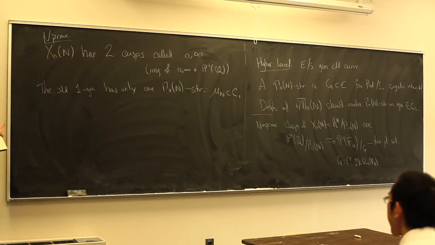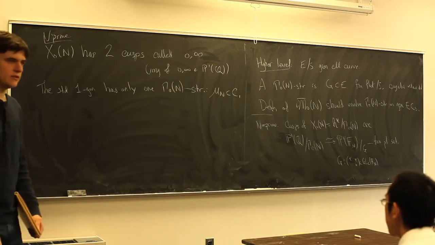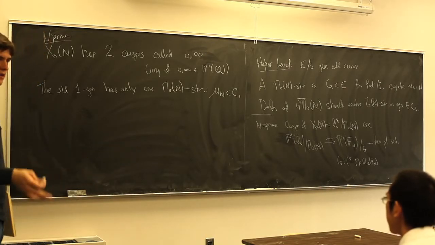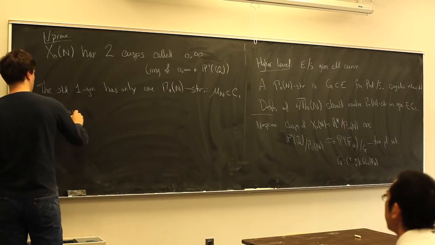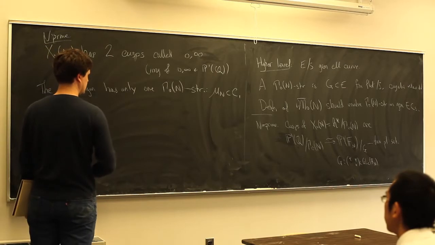So if we only consider things that have fibers being one-gons, we're only going to add one additional point, so we can't get the right answer. So we have to go up to n-gons, right? That's the natural thing to do. So C_n has 2 Gamma_0(n) structures up to isomorphism.